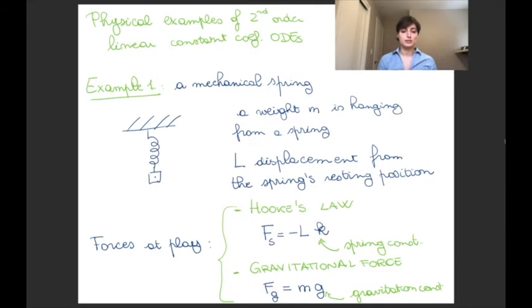And then there is the gravitational force. We have a mass, and that mass is pushed towards the center of the Earth by the gravitational constant. So F of g equals mg.